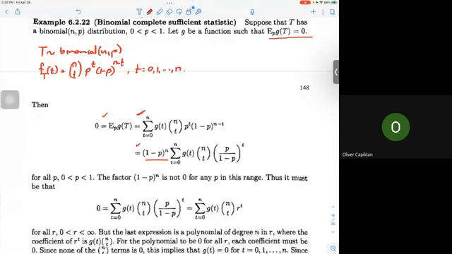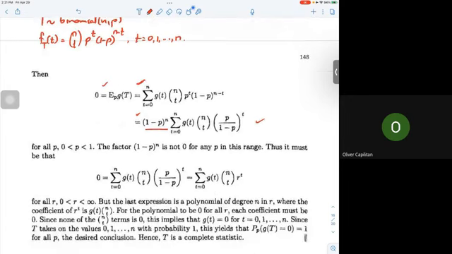Okay, so for all p greater than 0 but less than 1, since this is equal to 0, but the factor 1 minus p raised to n is not 0, we are forced to imply that this remaining factor would be equal to 0. And then letting r be equal to p over 1 minus p, we have this.